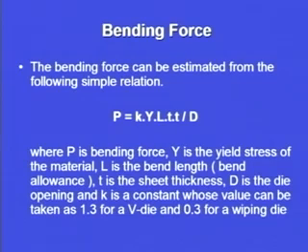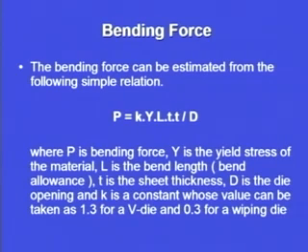If P is the bending force, this can be represented mathematically as P equals K times Y times L times T squared divided by D. Once again, P is equal to K multiplied by Y multiplied by L multiplied by T squared, whole divided by D. What are these individual parameters?